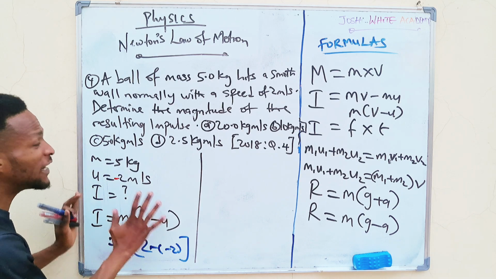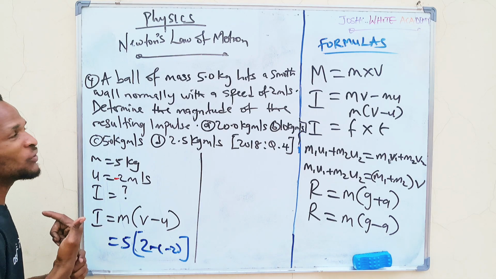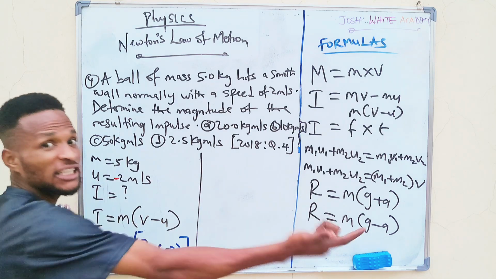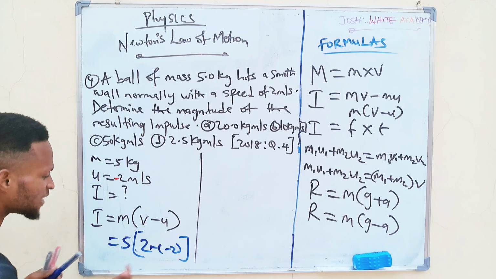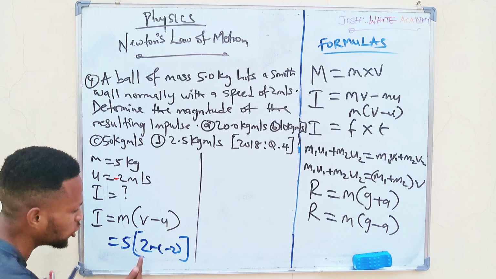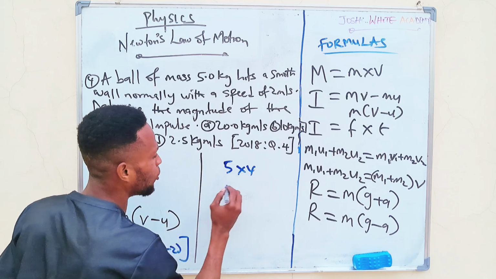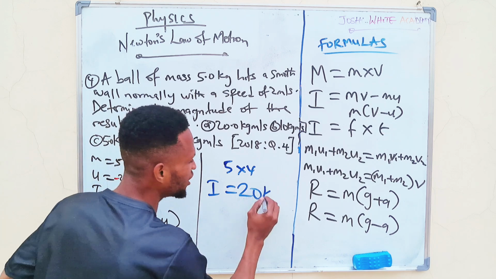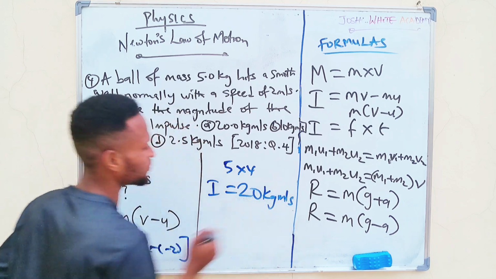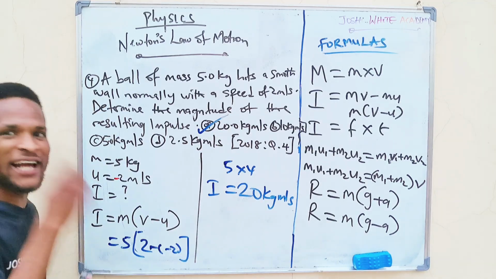Many students fail it at this junction because they don't understand that the body is moving in opposite direction. So in this case, our minus will give us a plus. 2 plus 2 will give us a 4. So 5 multiplied by 4 will give us an impulse of what? 20 kilogram meter per second. So our answer is what? A. To the next question.